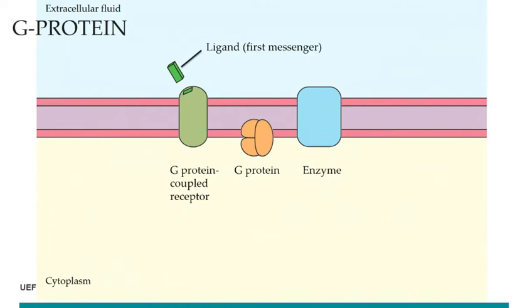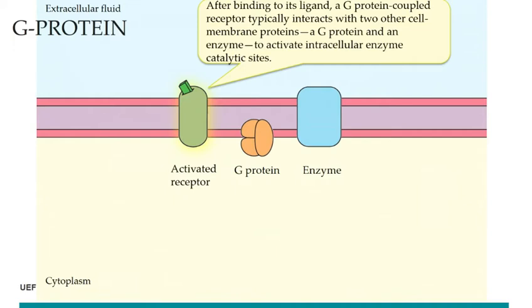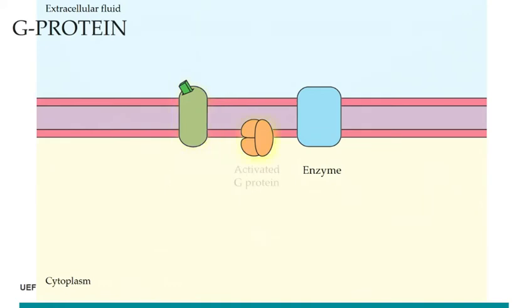Then the second way is to have these G proteins. We have a G protein coupled receptor where the ligand is binding, and then making this receptor activated. And when it's activated, it's interacting with two different cell membrane proteins, a G protein and then an enzyme that is activating these intracellular enzyme catalytics. So when this G protein mediated receptor is activated, it's activating G protein.